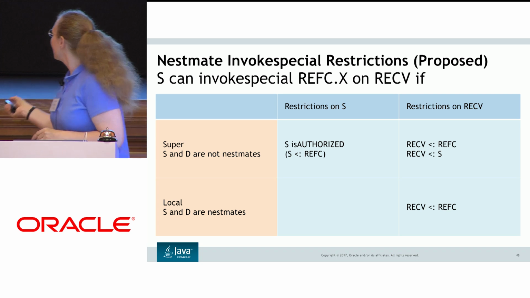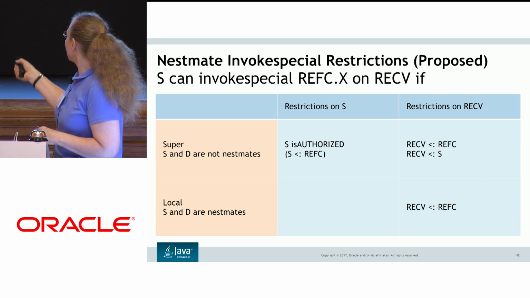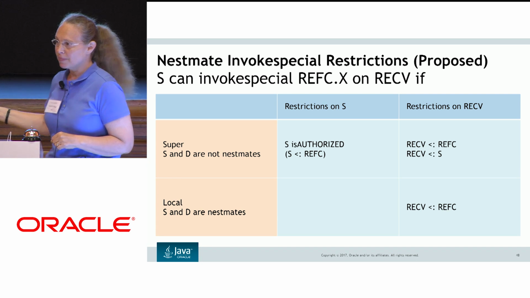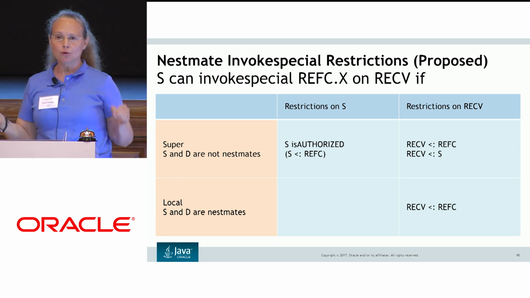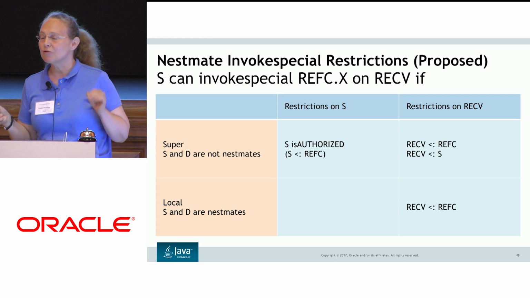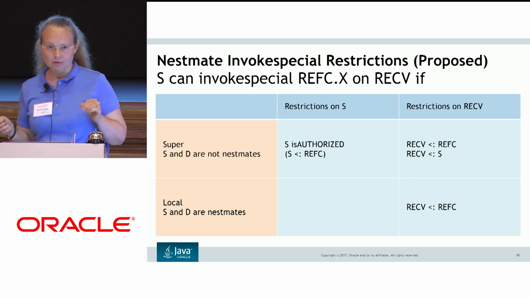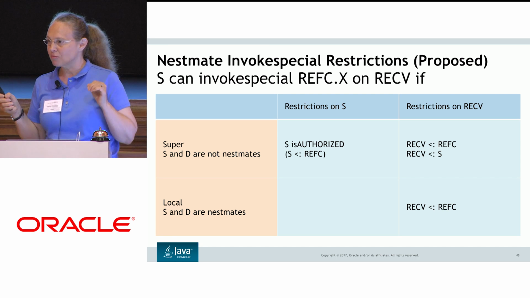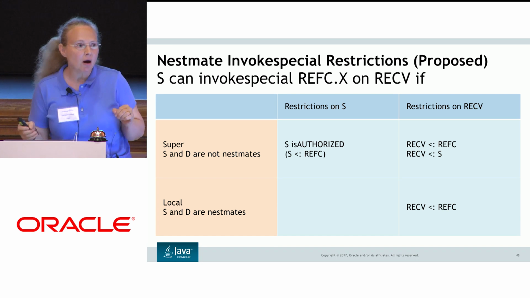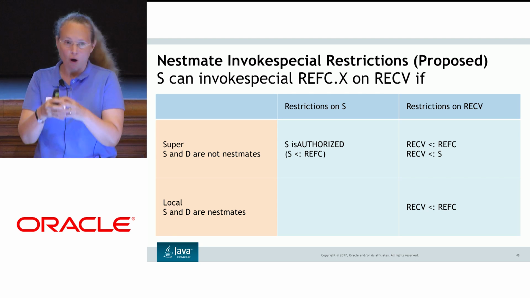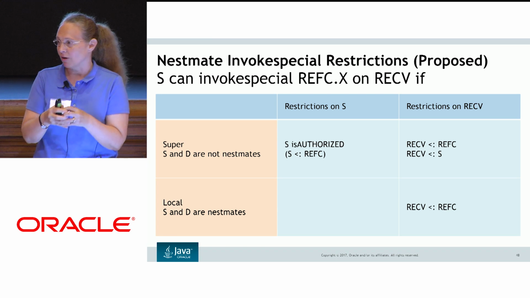So the point is, if you are a super and a nestmate, you follow the nestmate rules. But if you are a super, your rules are unchanged. You cannot, which fundamentally, since we're talking about restrictions, means you can't do anything you couldn't do before, right? That's our goal. We are not expanding what people can do beyond the explicitly authorized nestmate, where the author said, I will let you do this, okay?